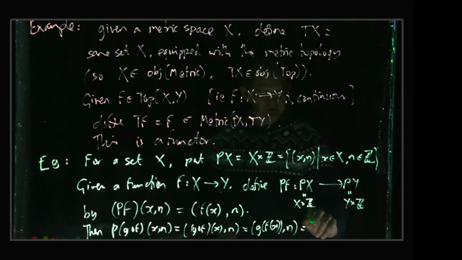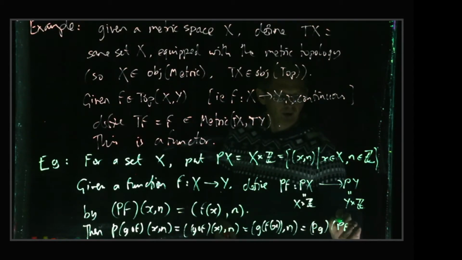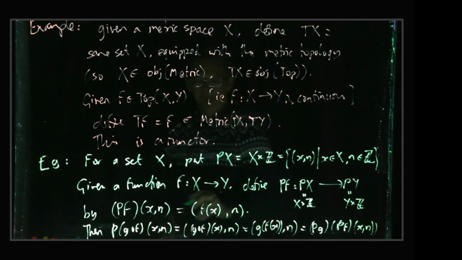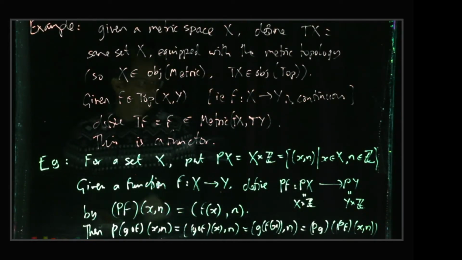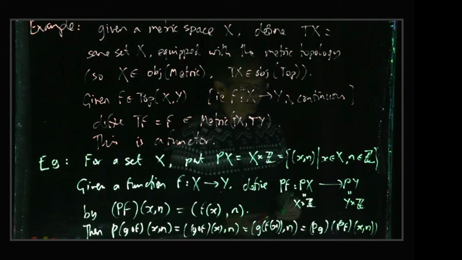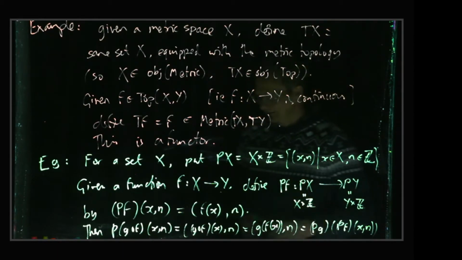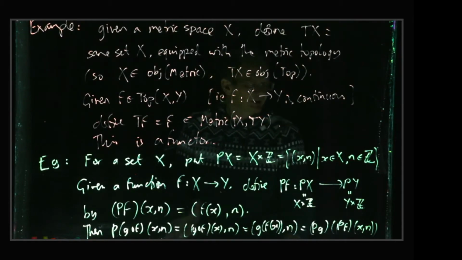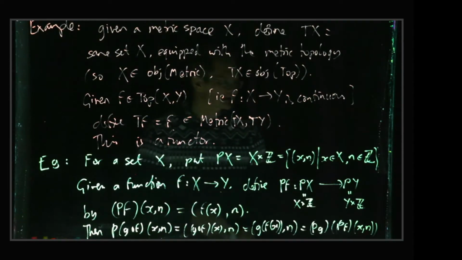And it's pretty easy to see that this is the same thing as Pg of Pf of (x, n). So that's what we need to show: that P of g composed with f is the same as Pg composed with Pf, which is the second axiom for a functor. And then the other axiom is just that it has to send identities to identities, and that's just completely obvious here. So this gives us a functor P from sets to sets.